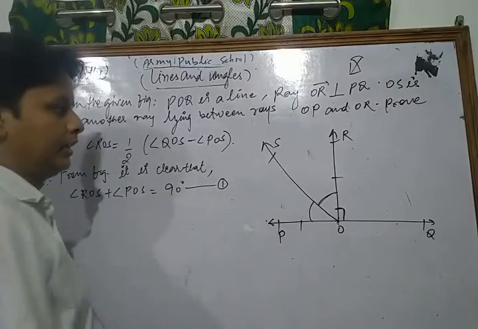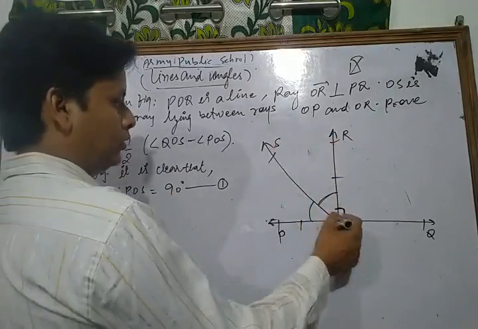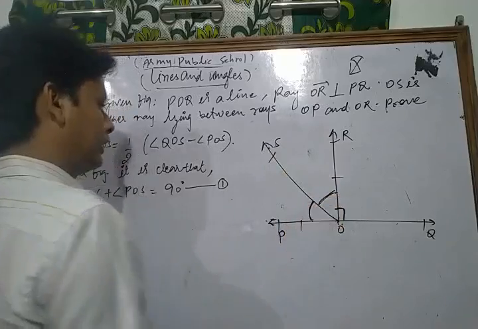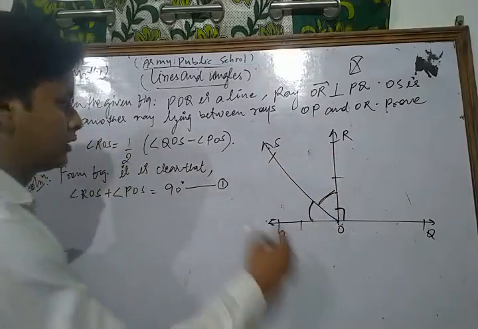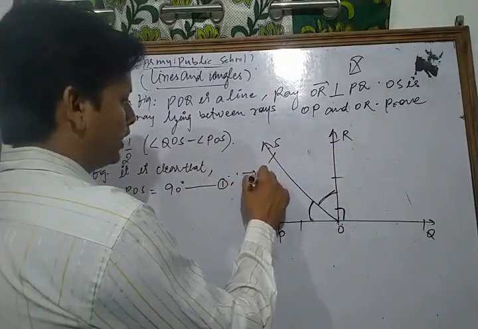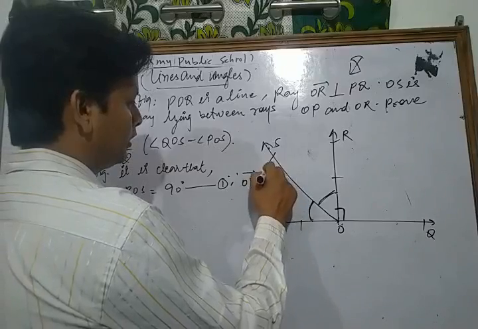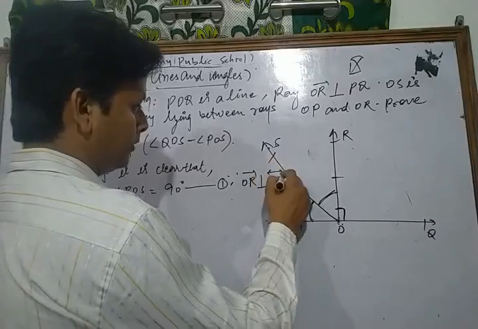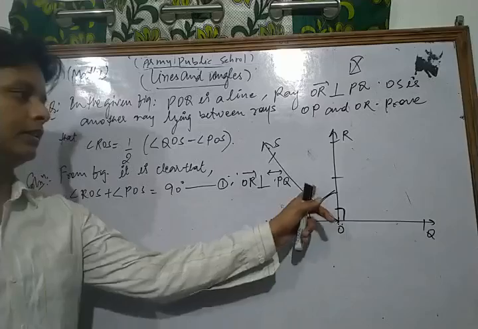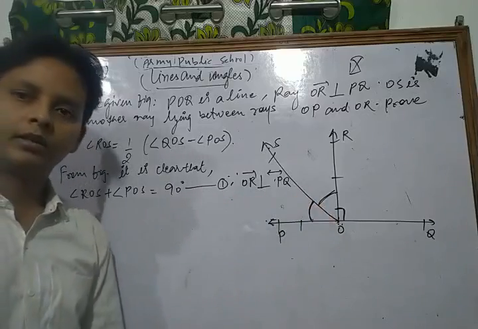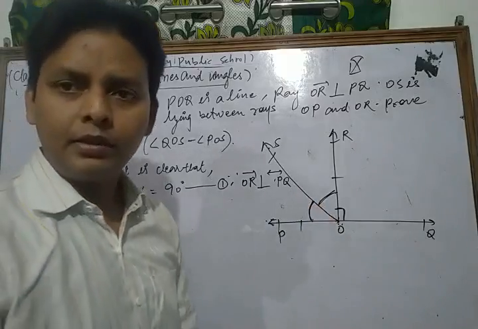Clear everyone? The sum of these two angles is 90 degrees, since the ray OR is perpendicular to line PQ.